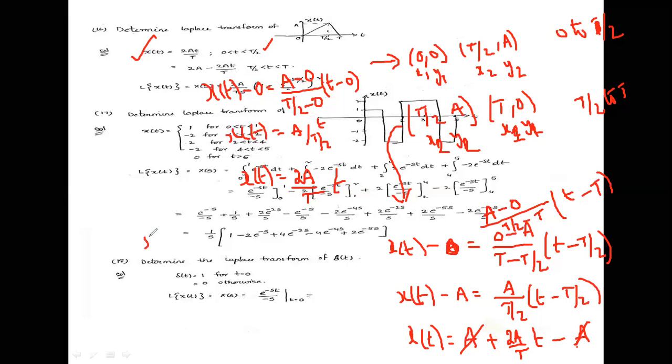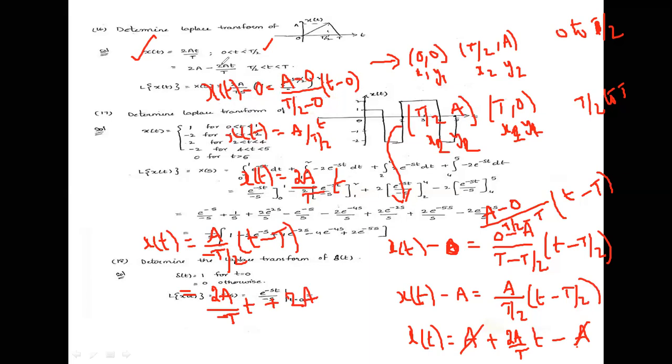Okay, so x of t is equal to a by (minus T by 2) into (t minus T). That becomes 2a by minus T into t, and minus into minus becomes a plus 2a. This is the equation, my dear students.